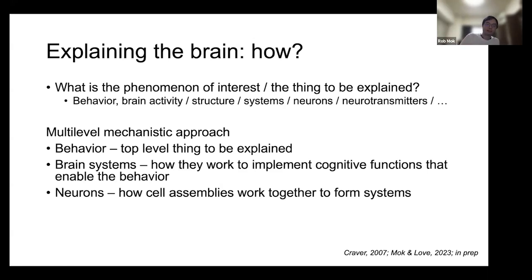But even if you don't make that argument, it's more about the abstraction layer of the mechanism, right? So you decompose the behavior into the things that are working together to make it possible. So the question is how to do this.